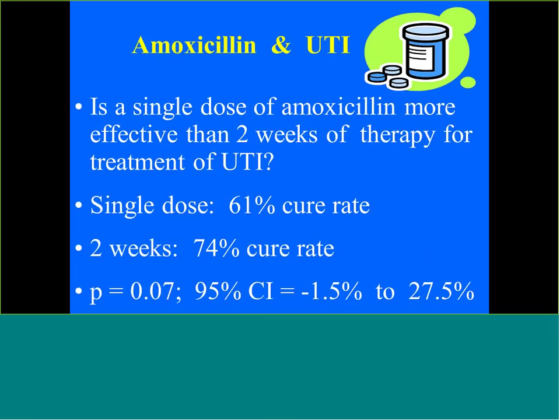Amoxicillin and a urinary tract infection. Is a single dose of amoxicillin more effective than 2 weeks of therapy for treatment of a UTI? Single dose is a 61% cure rate. After 2 weeks, we have a 74% cure rate, and the p-value just missed significance at 0.07. This was actually something that was published. And the 95% confidence interval is negative 1.5 to 27.5.